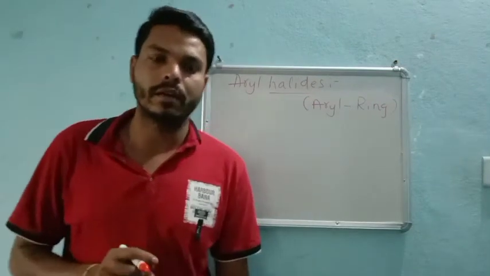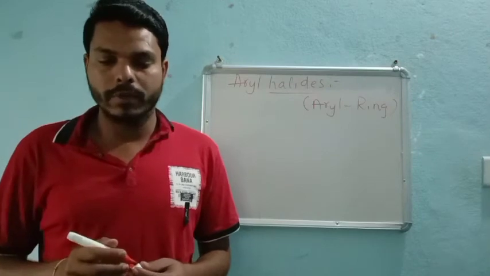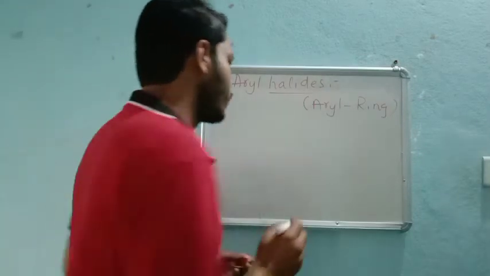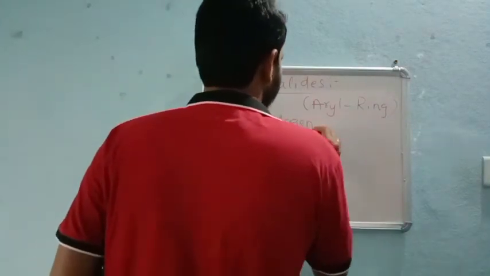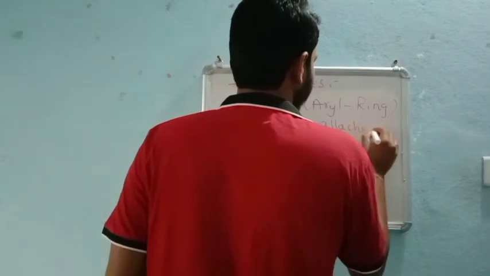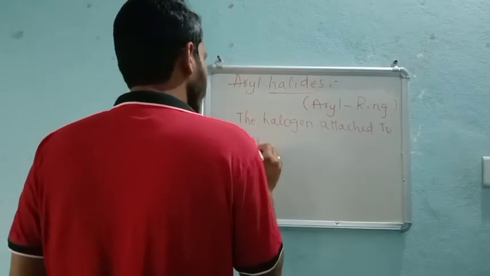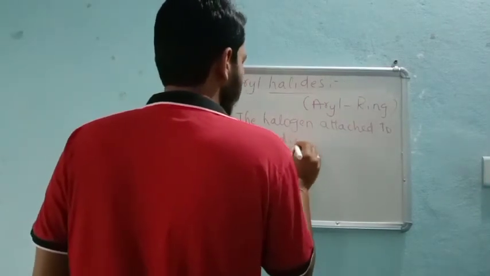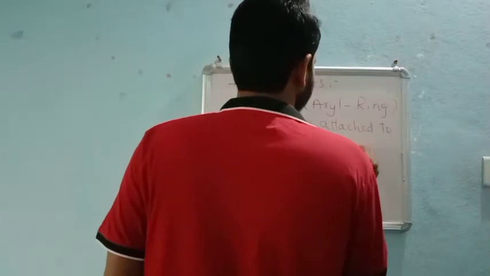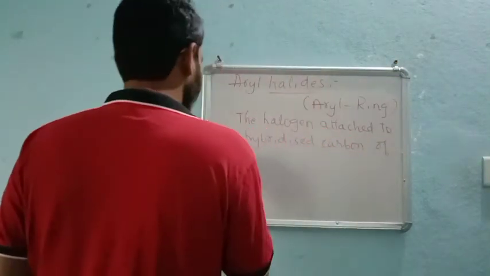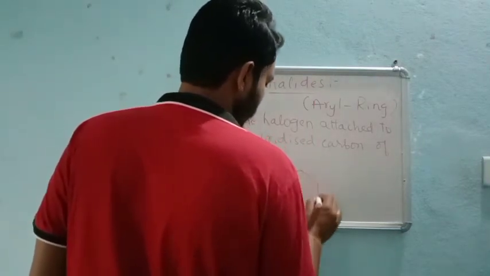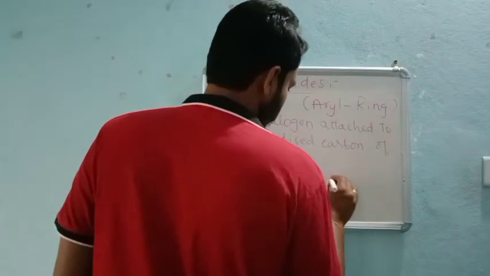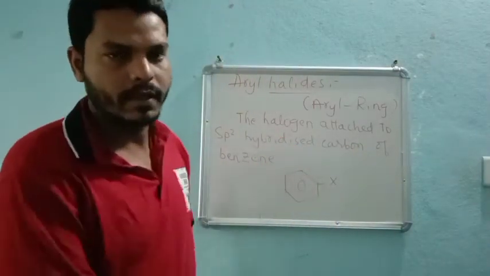That means here the halogen is attached to an sp2 hybridized carbon of the benzene ring, or directly to benzene. So it will be like this. Direct.